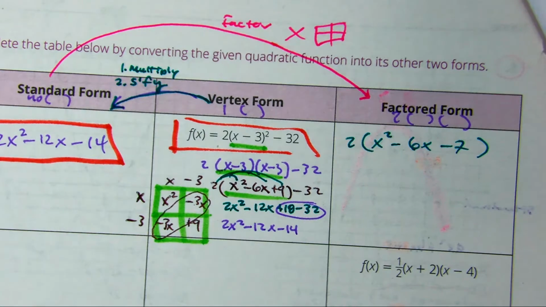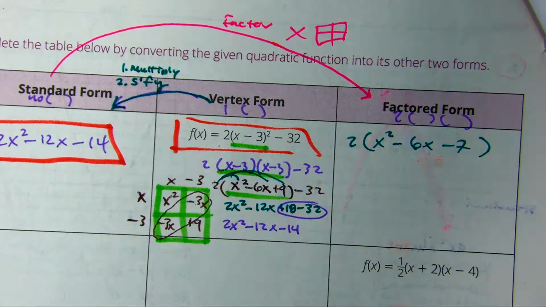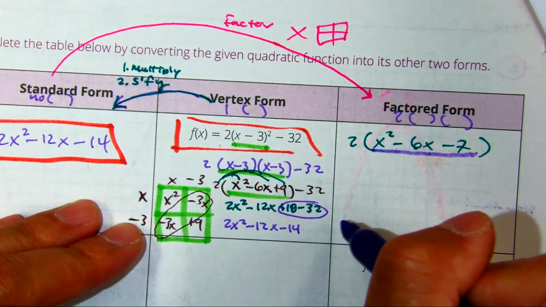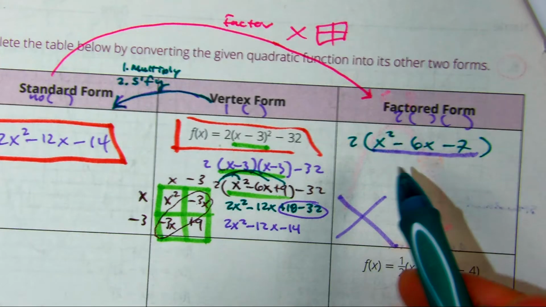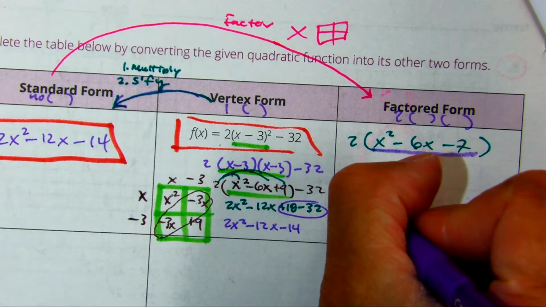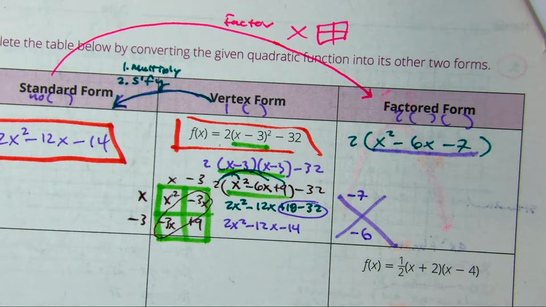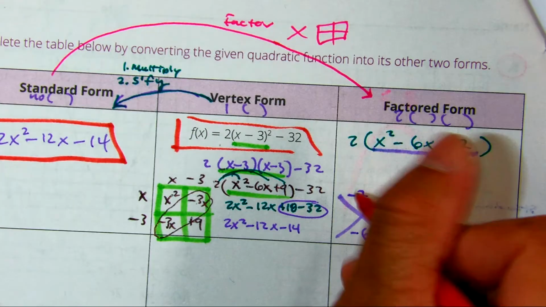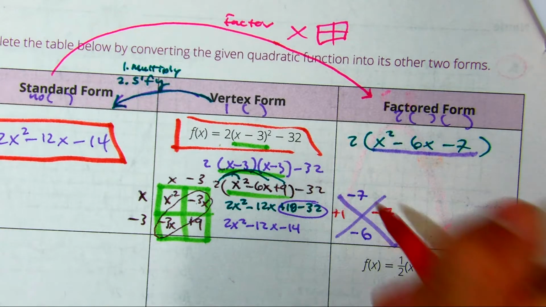Okay, let's see if we can get this into our X in a box. So I'm going to highlight what's in the inside here. Does this feel familiar? Looking here in purple, A times C. B value. Two numbers that multiply to be -7, that add to be -6. -7 and a +1.